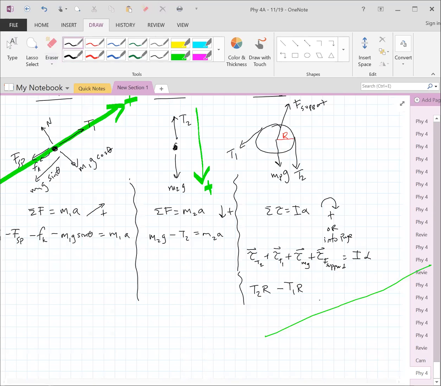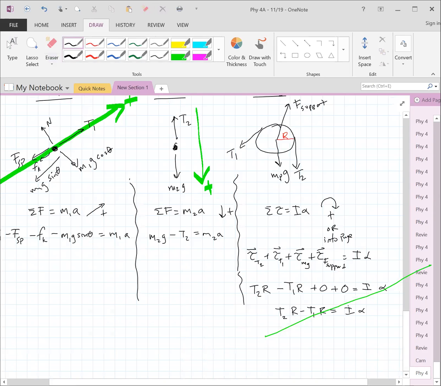So it has no lever arm, so it produces no torque. The support force passes right through the axis of rotation, the axle of the pulley. It produces no torque. So that's why those are not as important, because we know that they don't produce any torque. So what we end up with is T2 R minus T1 R is equal to I alpha.